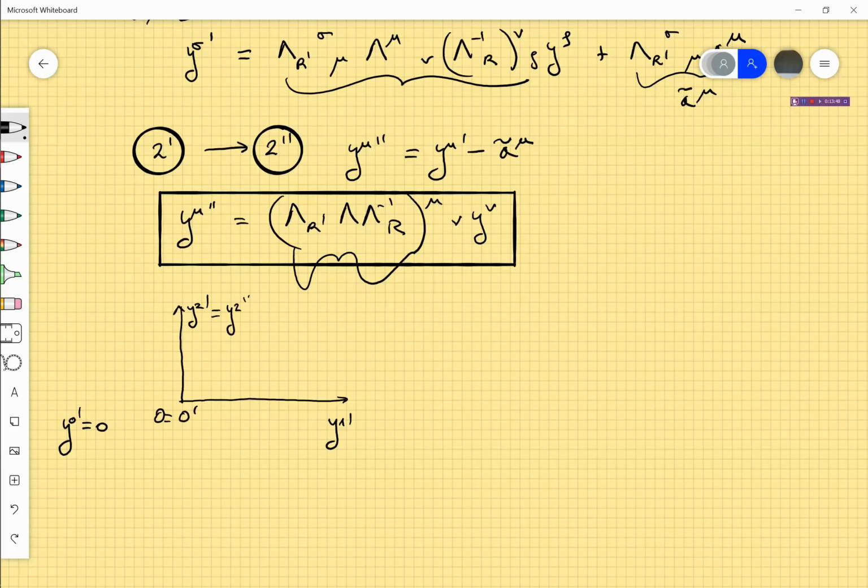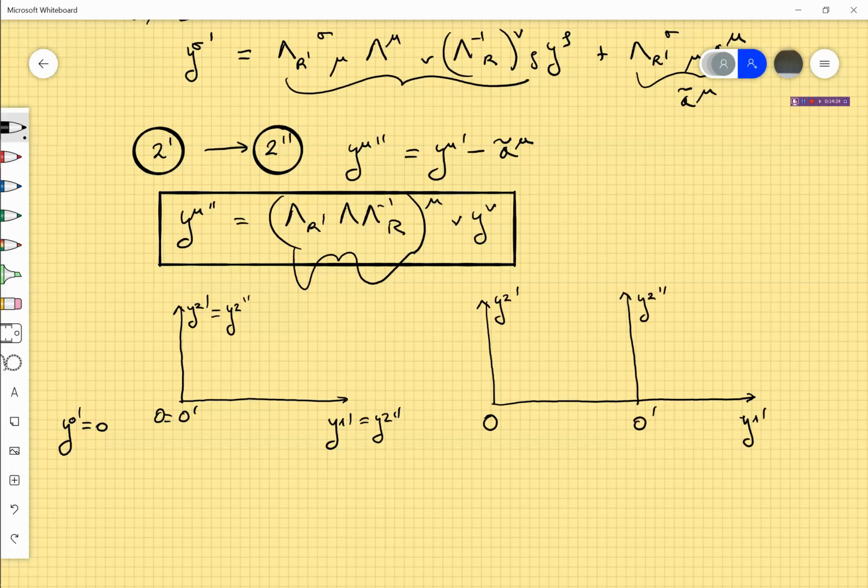So this is equal to y2 prime and y2 double prime. The moment when y0 prime is not 0, what happens is that you still have here y1 prime and y2 prime, the origin O, but the origin of the other system, O prime, has moved here.